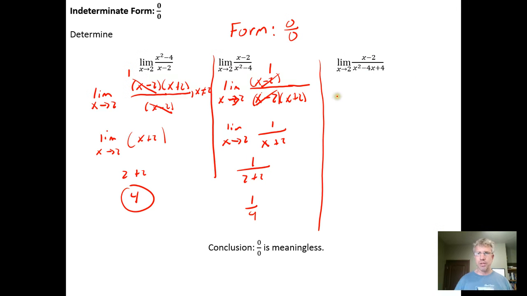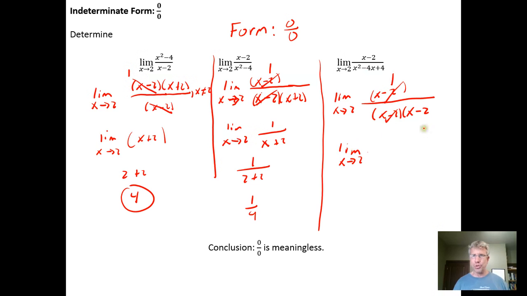Now this one, we have the limit as x goes to 2 of x minus 2 over, how does this guy factor? x minus 2 times x minus 2. So x minus 2 divided by x minus 2 equals 1 as long as x isn't 2. So we get the limit as x goes to 2 of 1 over x minus 2.